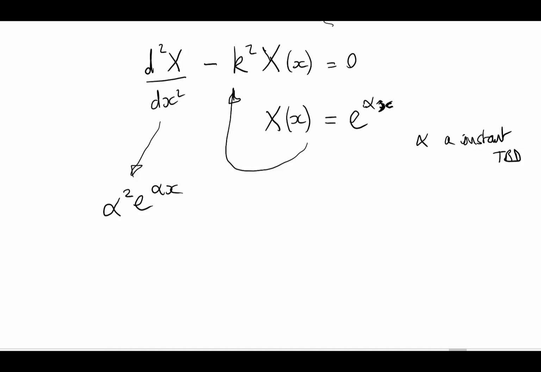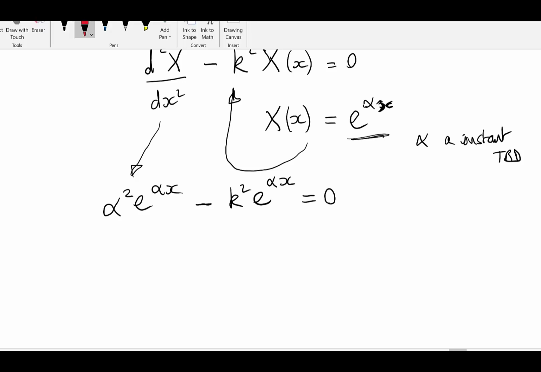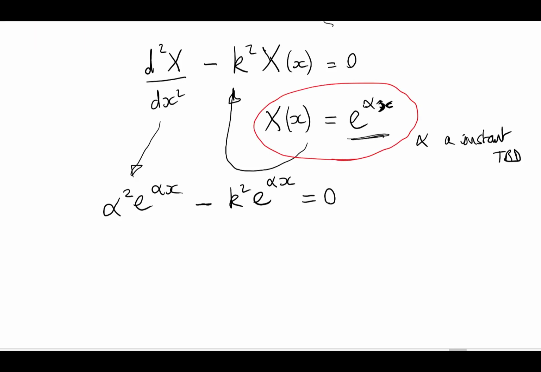We're now going to recognize we have the k squared in here, k squared multiplied by that function X, and that's equal to e to the alpha x. So now we have a new expression, and that's equal to 0. So we've just plugged this solution into our differential equation, and here is our result.